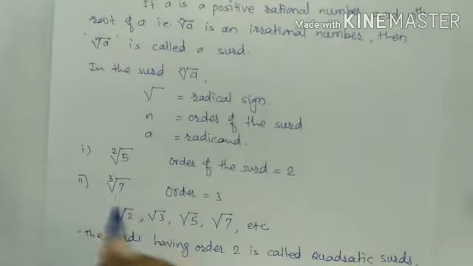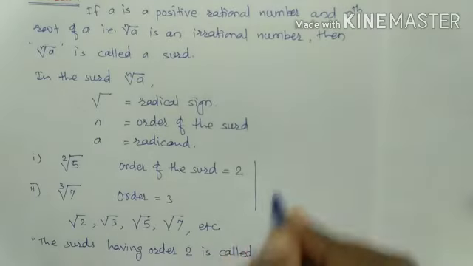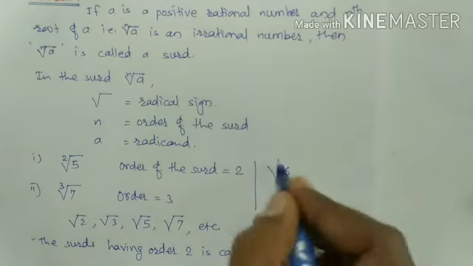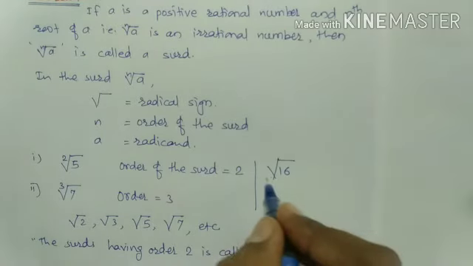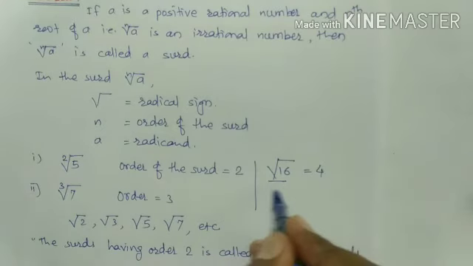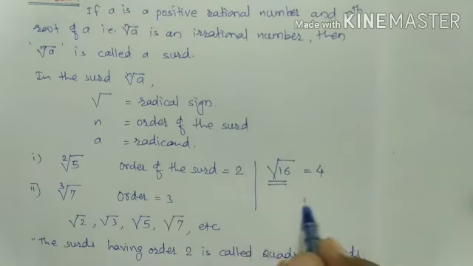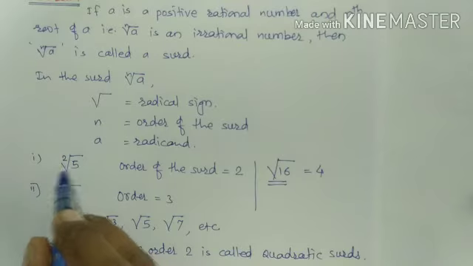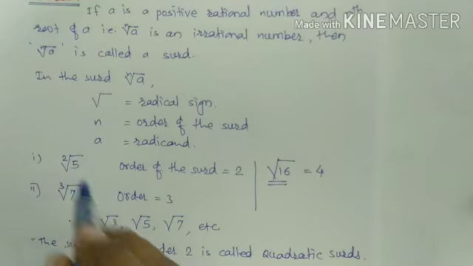Here these are the examples of surd. Say if this 16 is a rational number, then square root of 16 is also a rational number because square root of 16 equals 4. That's why this is not an example of surd. त्यामुळे हे एक सर्डचं एक्झाम्पल नाही. सर्डसाठी काय पाहिजेत, रॅडिकंड पॉझिटिव्ह रॅशनल नंबर असला पाहिजे आणि ऑर्डर हा 1 पेक्षा ग्रेटर असणारा इंटिजर असला पाहिजे.